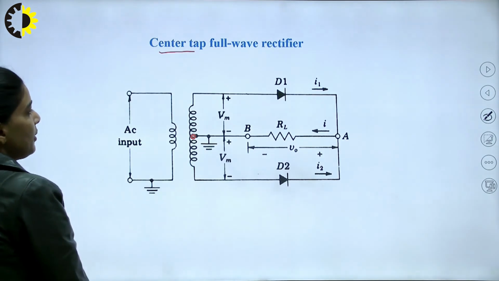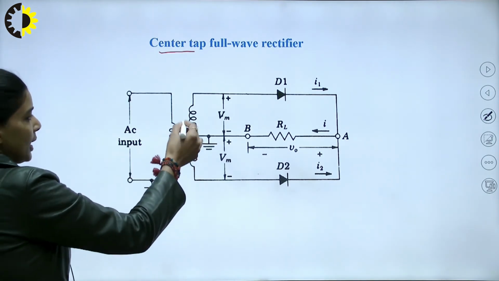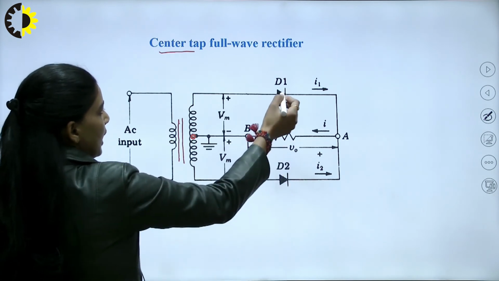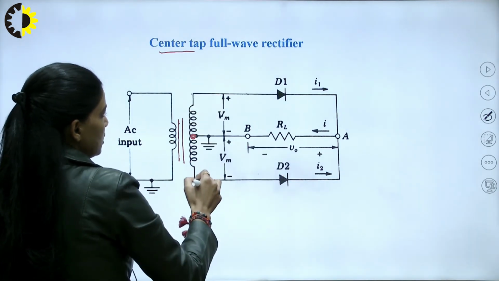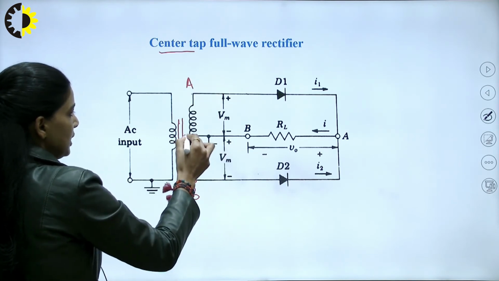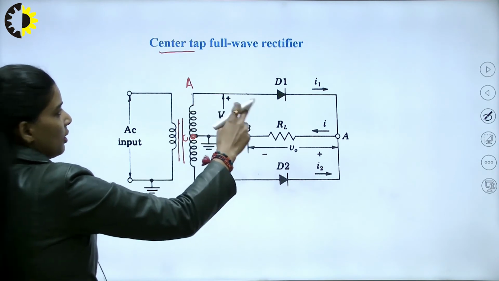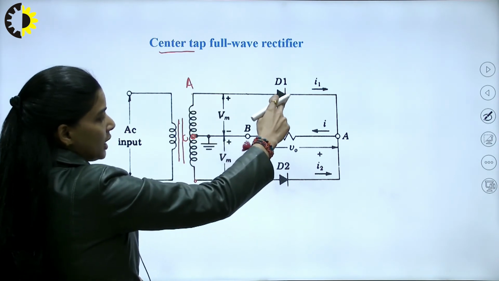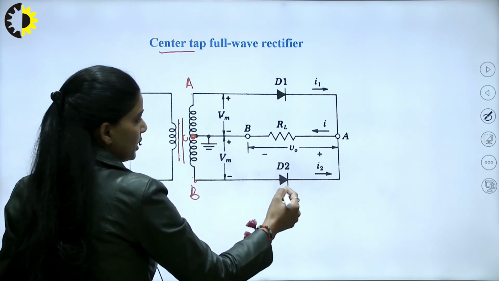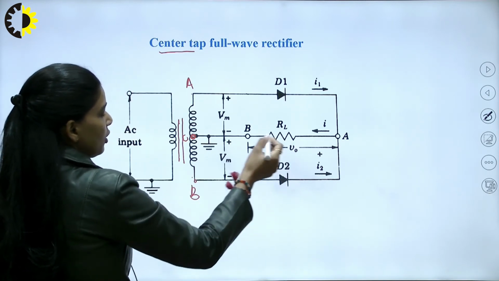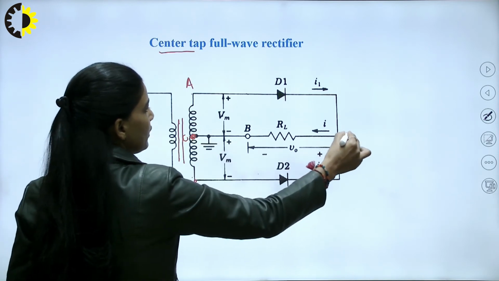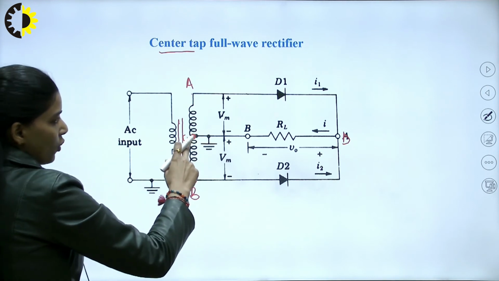This is the circuit, the AC input is provided through this transformer, and here we have diodes. If I name the terminals A, B and C, at A we have connected the diode D1, at node B we have connected another diode D2, and the load resistance is connected at the center tapping of the transformer.